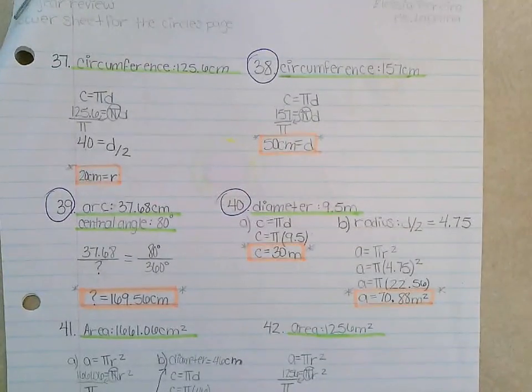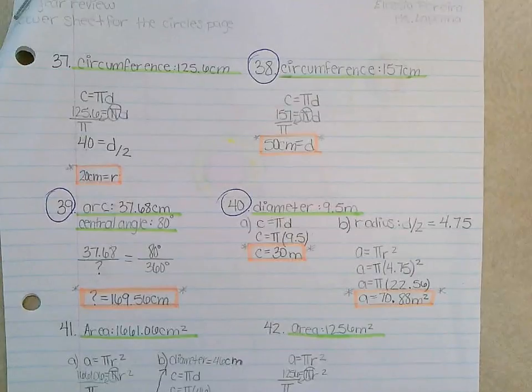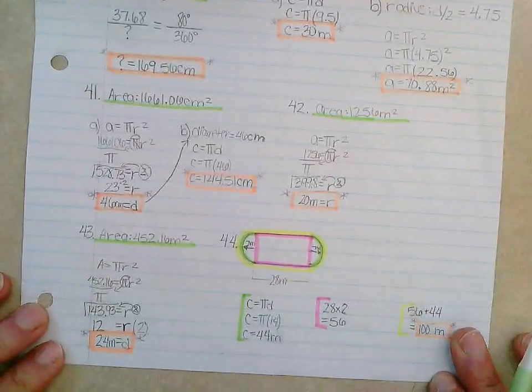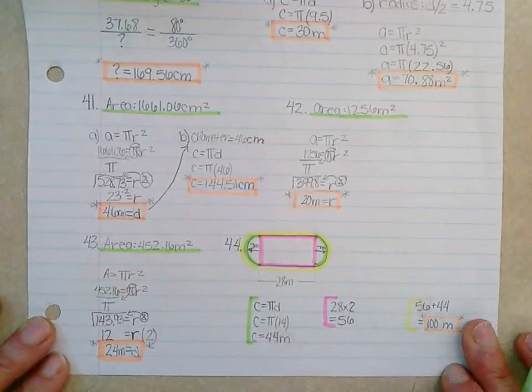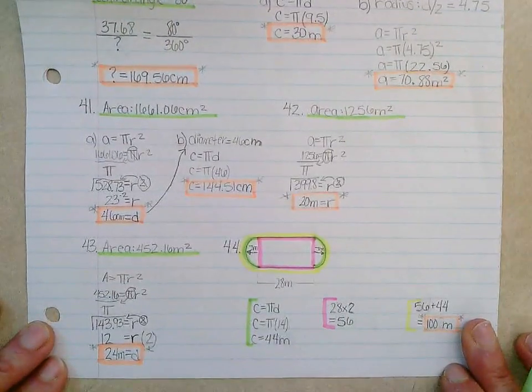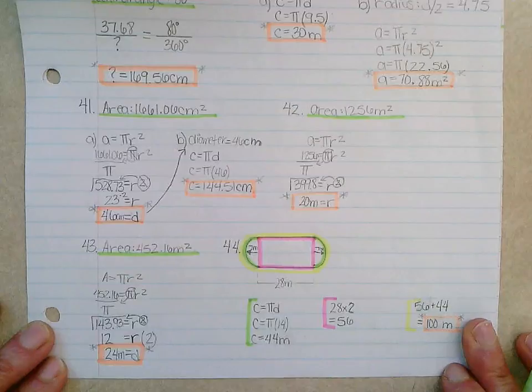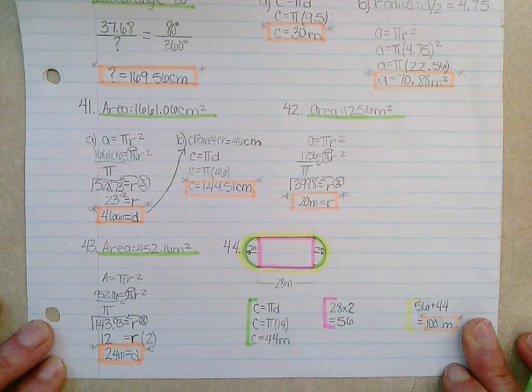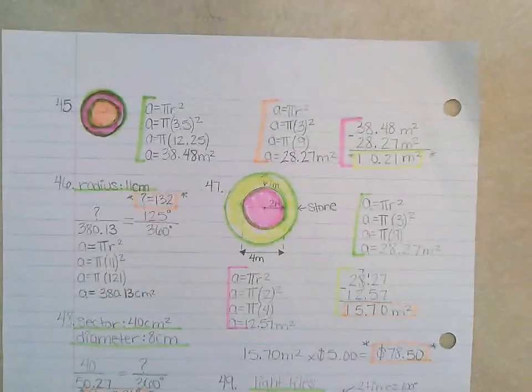I suggest you go online. Maybe do a screenshot if you need. Here's 41, 42, 43, and 44. All the steps are there done for you. Press pause and see if you can figure this out. Going to the next page. Here's the answer key.